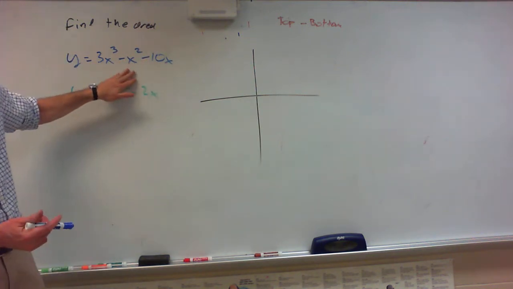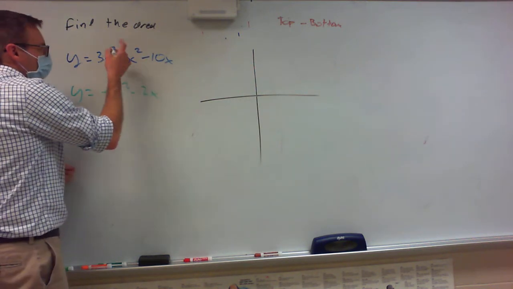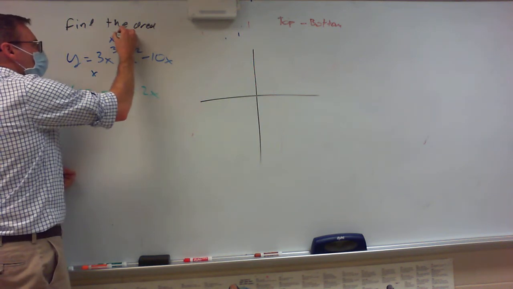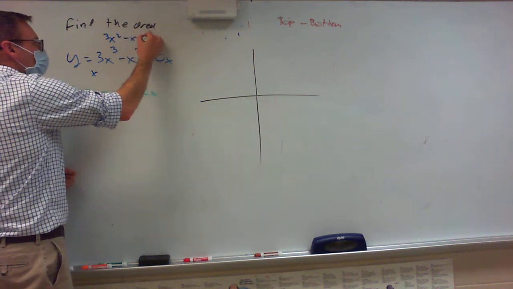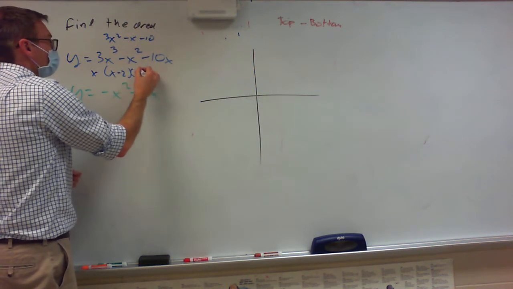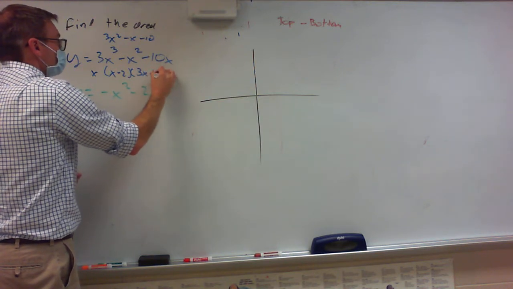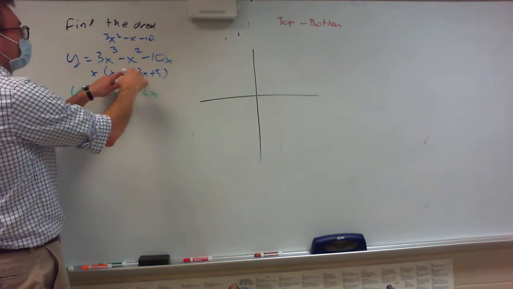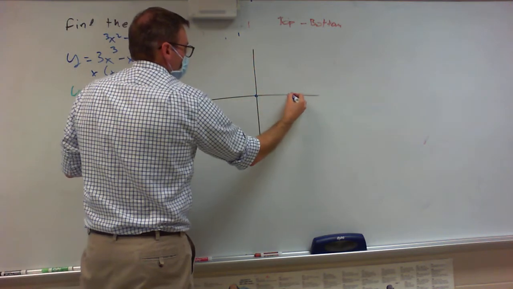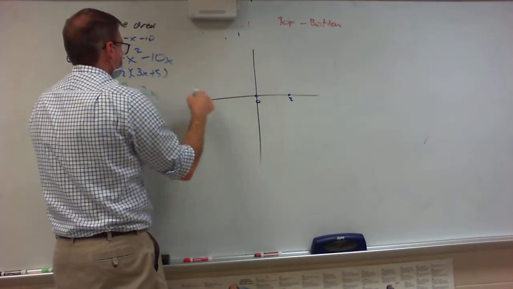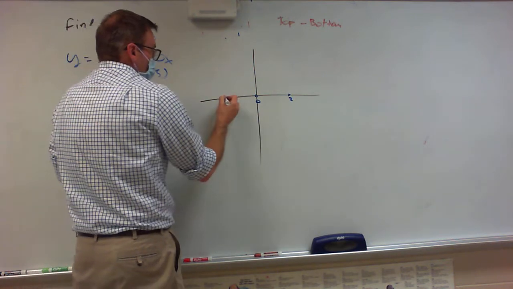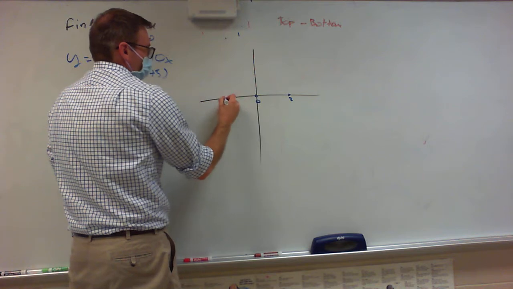What you would do is factor out an x, and you get 3x squared minus x minus 10, and so it's going to factor as x times (x minus 2) times (3x plus 5). So it crosses at 0, crosses at 2, and then almost -2.